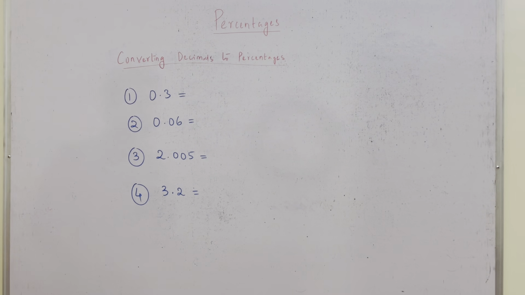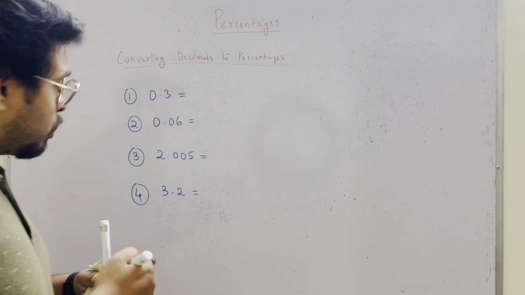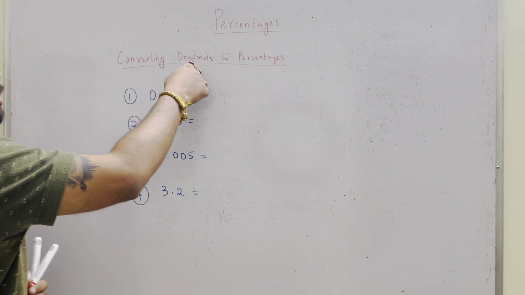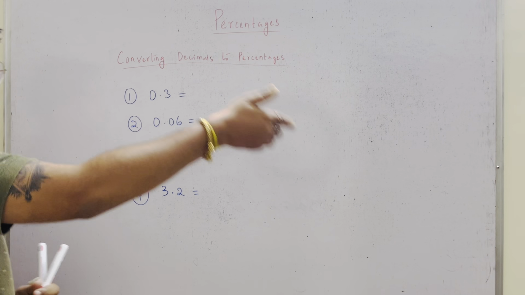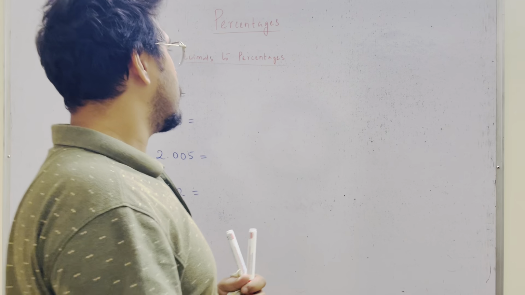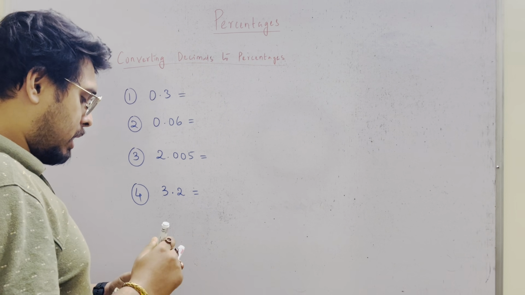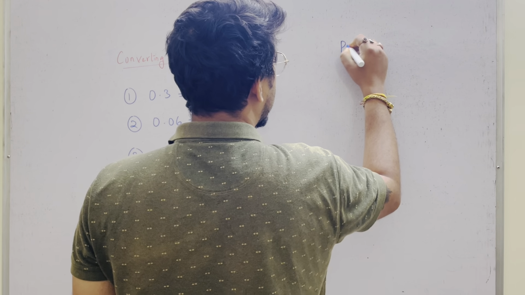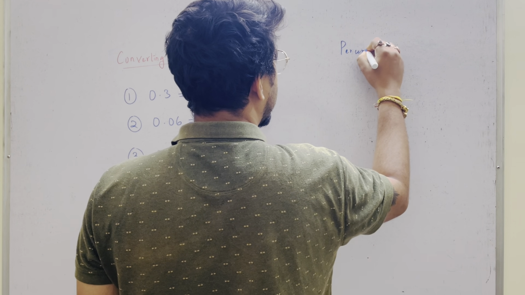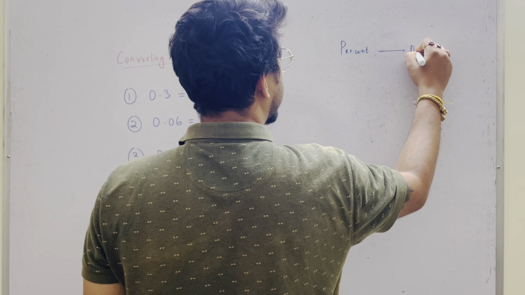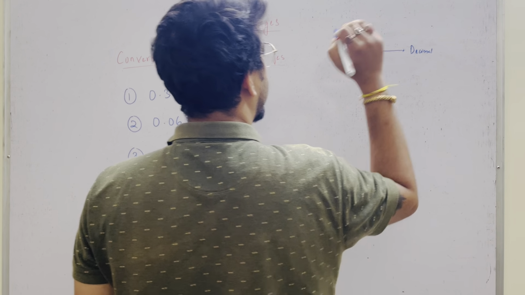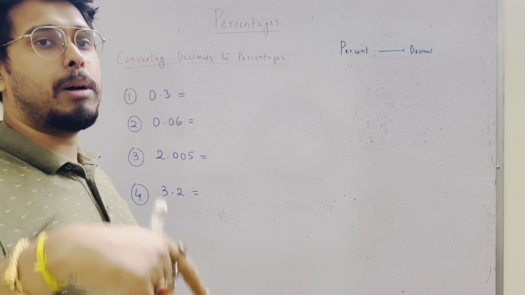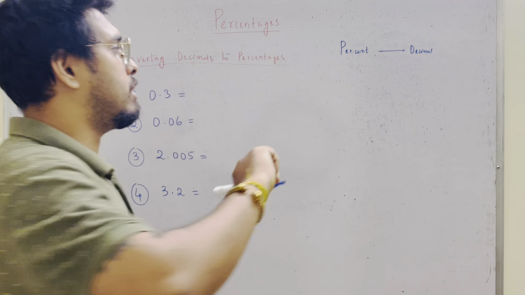Now let us come back to the moment where we converted percentages into decimals. What did we do then? For converting percent to decimal, we took the decimal point two numbers to the left.